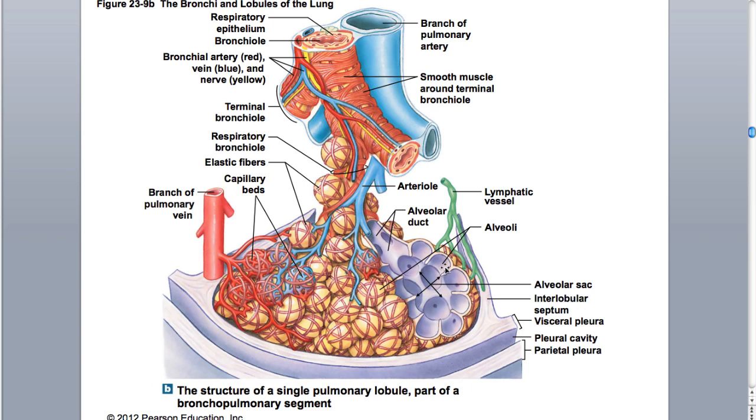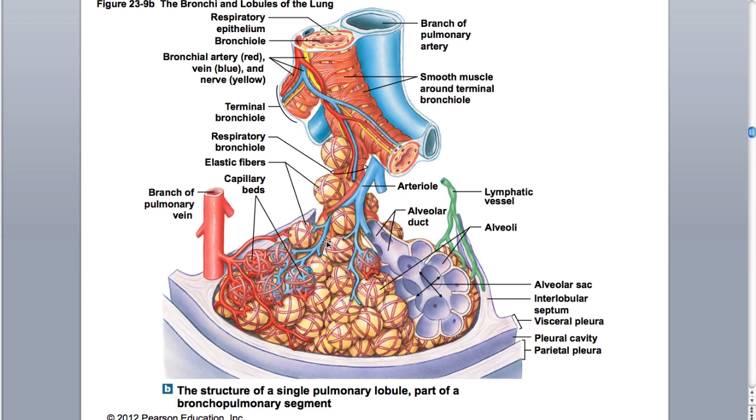So we have the alveolar sac as a whole, and then we have these little alveoli pouches. And here's the alveolar duct. Right about in this area is where you're going to see your dust cells, those macrophages. Matter of fact, you can see part of that lymphatic vessel that's going to relate to that. So that's why I said this area right here is where you're going to see your macrophages, your dust cells.